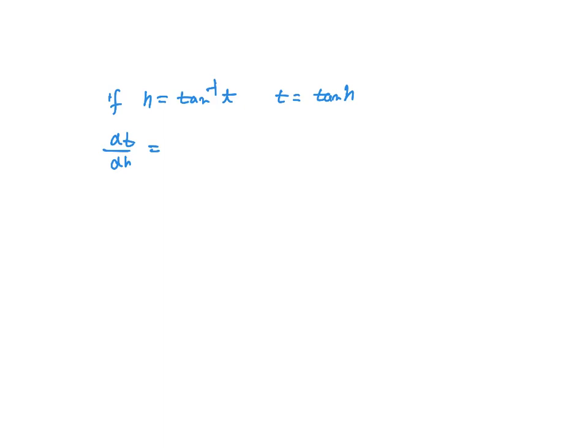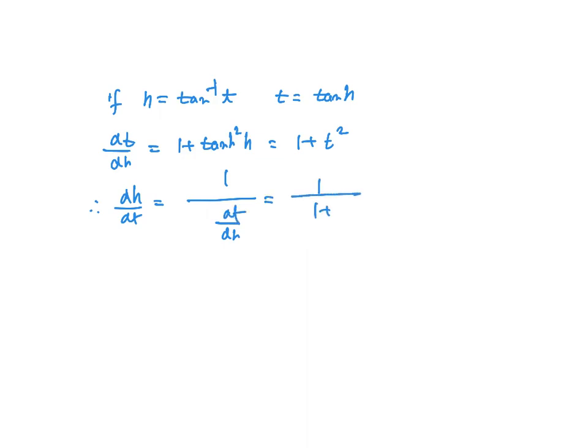Remember the formula? 1 plus tangent squared h, which is 1 plus t squared. So dh/dt is 1 over dt/dh, which is 1 over 1 plus t squared. So the derivative of tangent inverse t is 1 over 1 plus t squared.